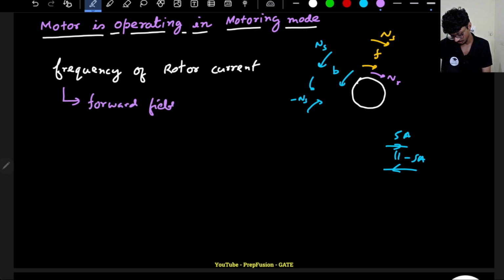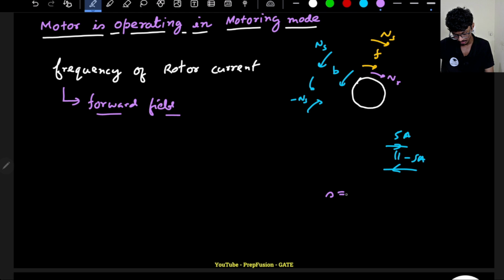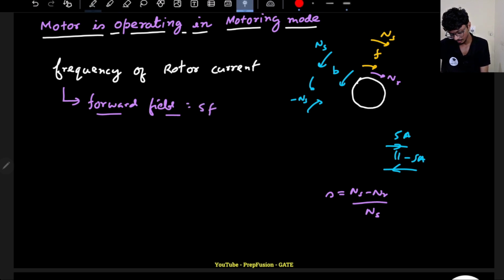It is rotating with nr in the same direction, and your forward field is rotating with ns. So what is the slip? The slip definition will not change. It will be ns minus nr divided by ns, correct? So the frequency of the forward field is s into f, the slip into the frequency of the stator currents, that is f.